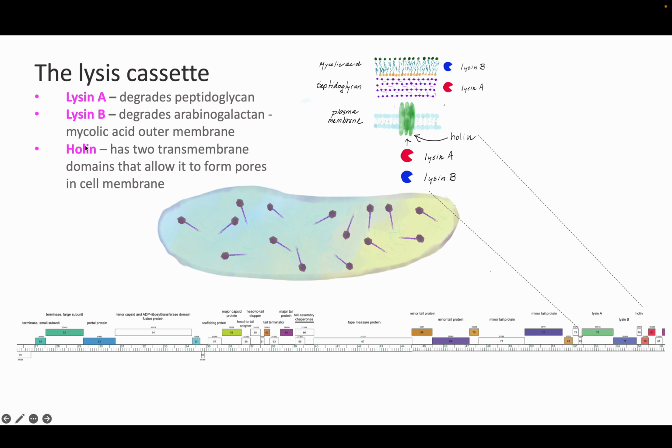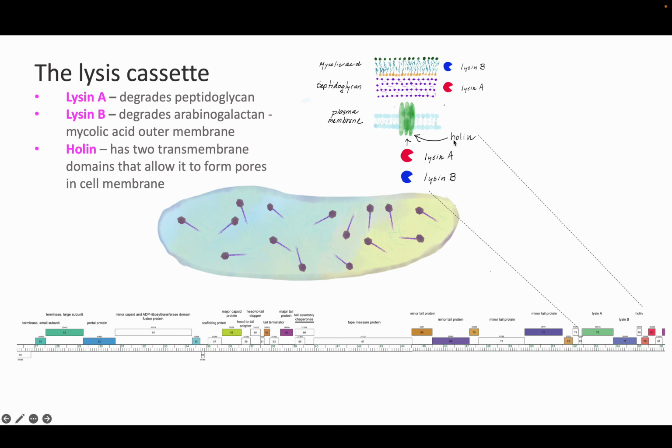I'm going to talk about this one on the top first. This is holin. We can recognize holin in a genome. It usually has 2 transmembrane domains, which are parts of the protein that love to be stuffed into the hydrophobic membrane.